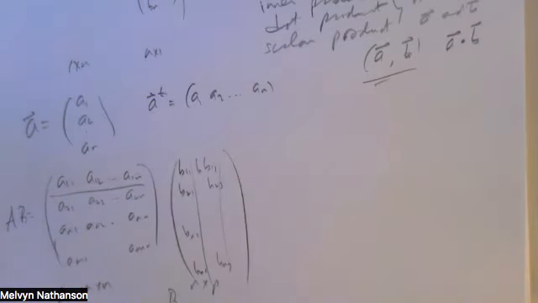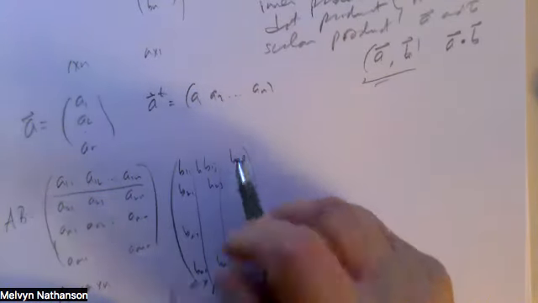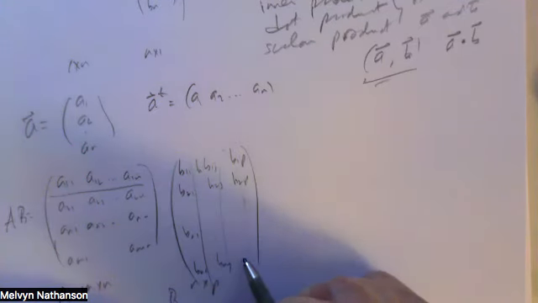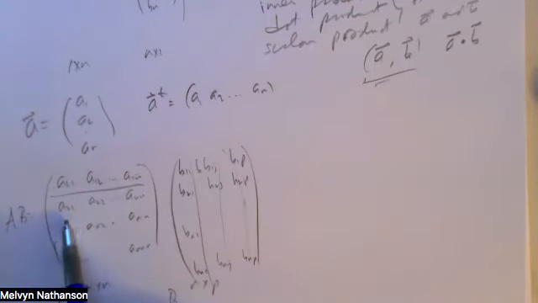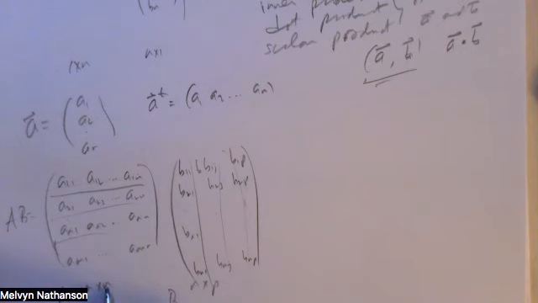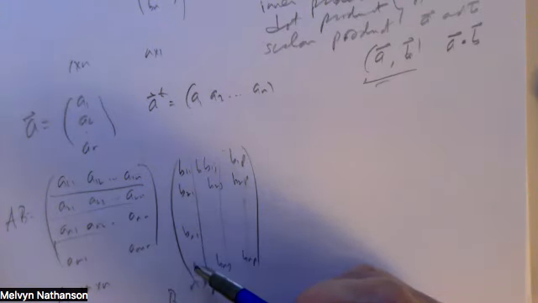So the last column, the pth column, would be B1p, B2p, down to Bnp. So the matrix A has m rows, each of which has n scalars. So each row is an n-dimensional row vector. The matrix B has p columns, and each column is an n-dimensional column vector.